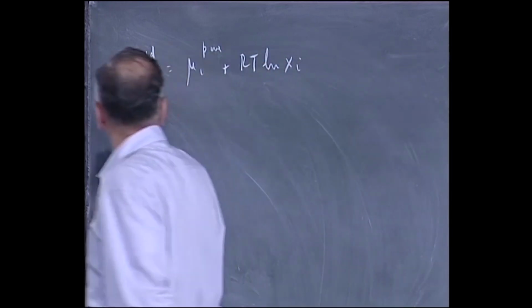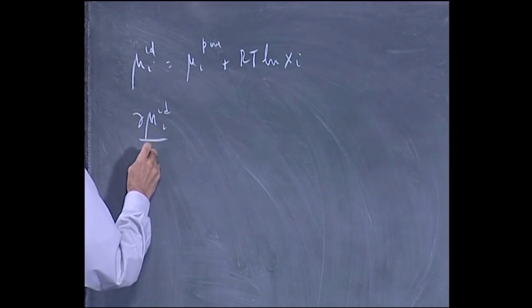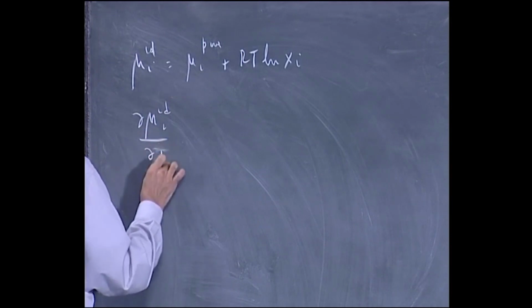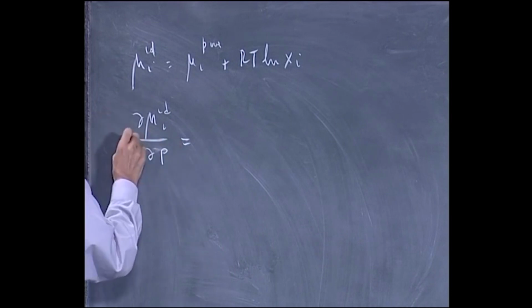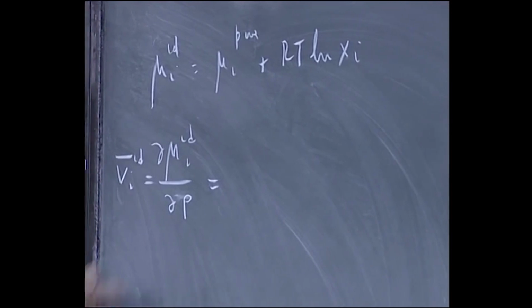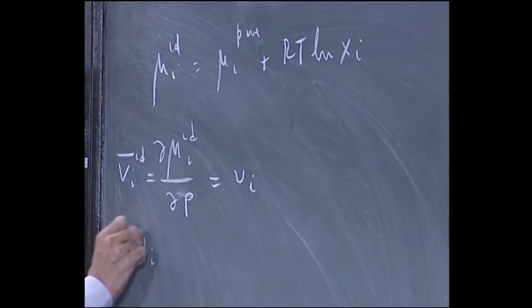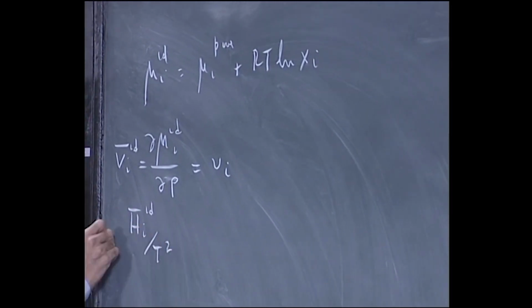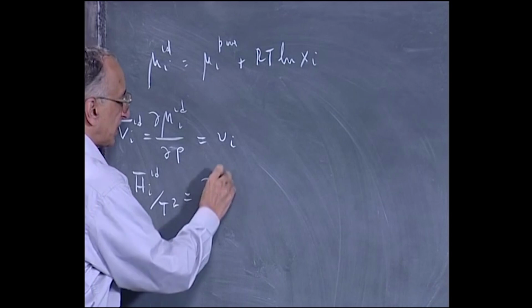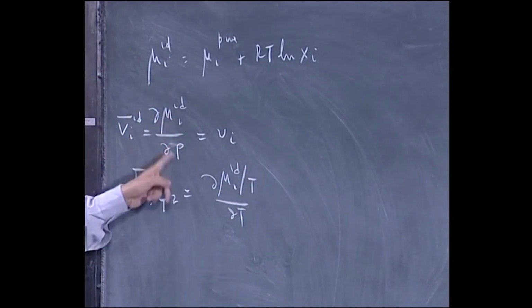This will give you all the results that you need to define an ideal solution, because ∂μi ideal/∂P on this side is simply Vi bar ideal, and on the right hand side I simply get Vi. Then Hi bar ideal by T squared, or minus of this, is the partial of μi ideal by T with respect to T. This is rigorous thermodynamics.